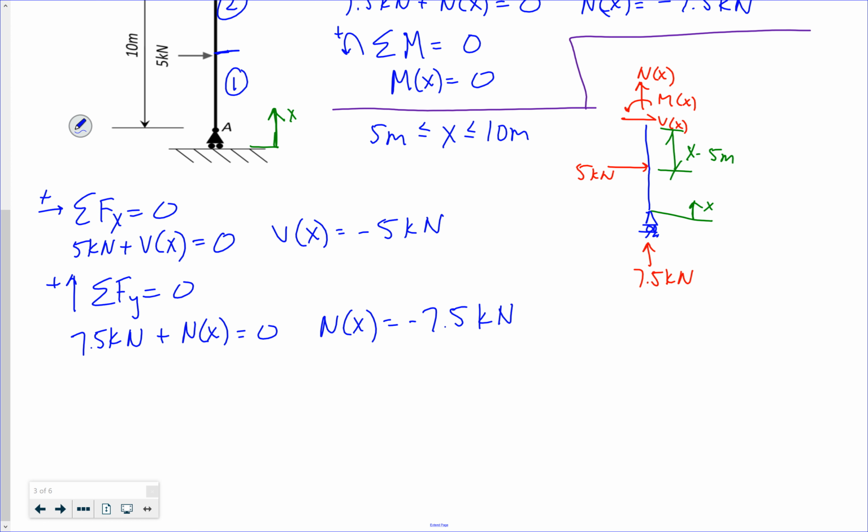All right, I have a constant shear after I apply the horizontal load, and then I have a constant axial load.